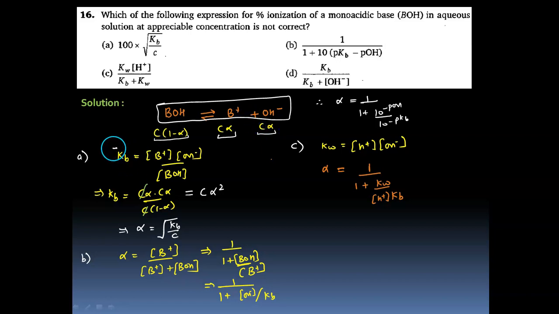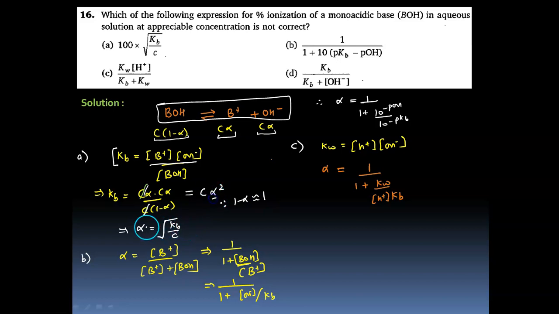If we write the expression for the dissociation constant of base Kb, that is the ionic concentration of product over reactant, this is the concentration of B+ into OH- upon BOH, and putting the value we get C alpha square. Since it is very weak, I can say 1 minus alpha is nearly equal to 1.